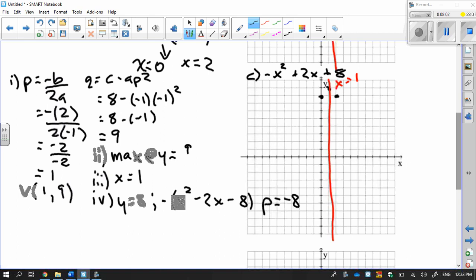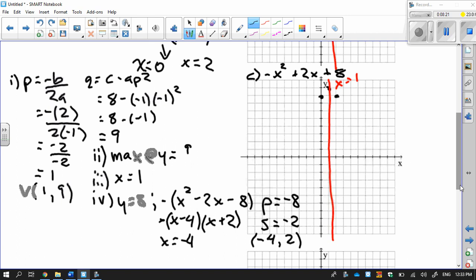So this will be -(x minus 4)(x plus 2), which means x equals 4 and x equals -2. So then we plot those. We get a nice looking parabola.